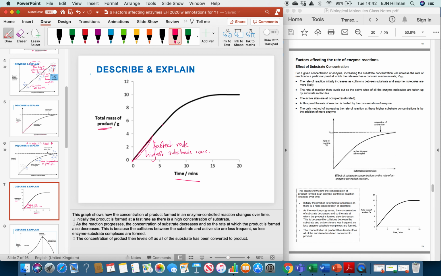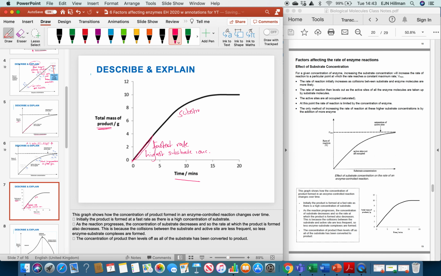As the reaction progresses, we can see that the gradient starts to decrease, starts to become shallower, and eventually flatten. The reason for this is that as we progress through time, more of the substrate is being converted into product.